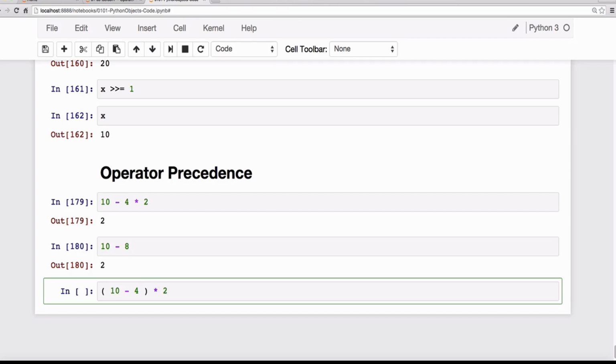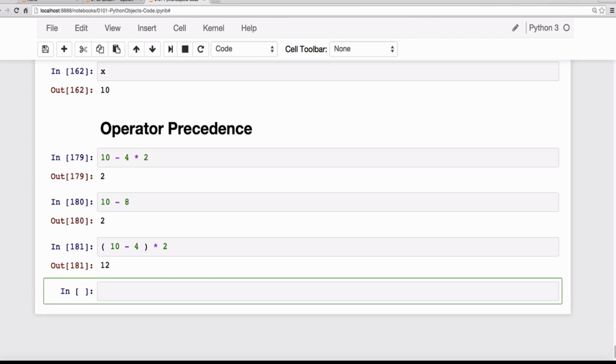Because parentheses have the highest precedence, this expression is evaluated first, so 10 minus 4 is executed first, giving 6 times 2, which is 12.